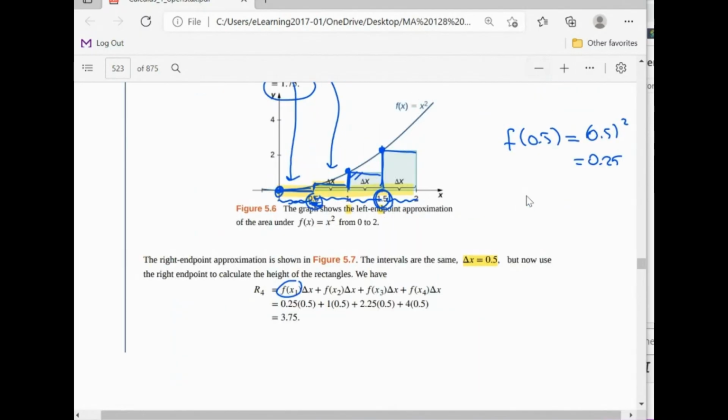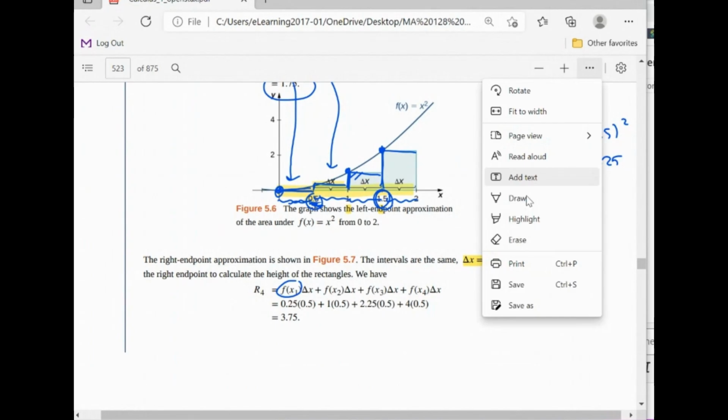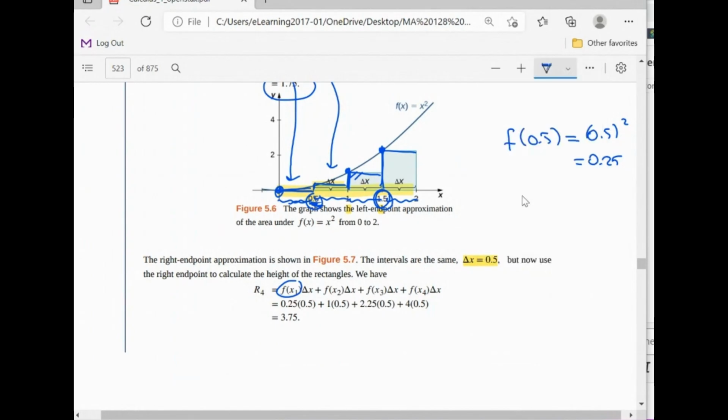The width is always the same because we just divided this interval 0 to 2 into 4 subintervals. So each subinterval has the same width, delta x equals 0.5. But the graph goes like this, right?